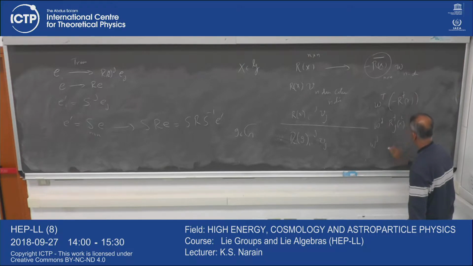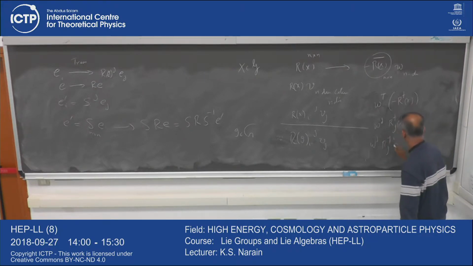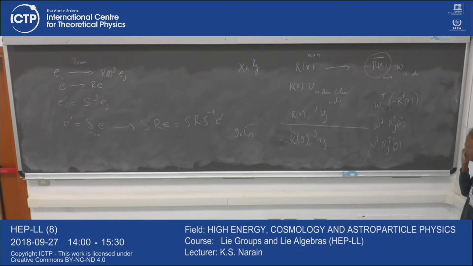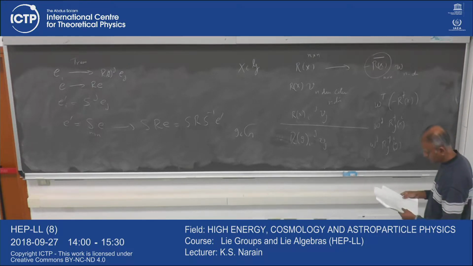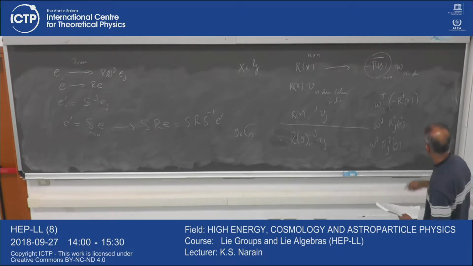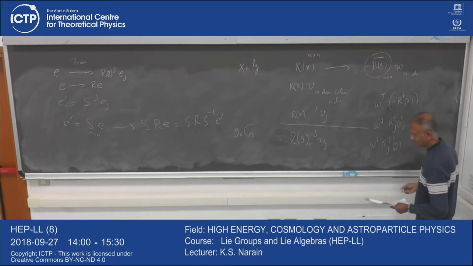So this was X and Rj dagger I, X G. Sorry, no, this was minus.